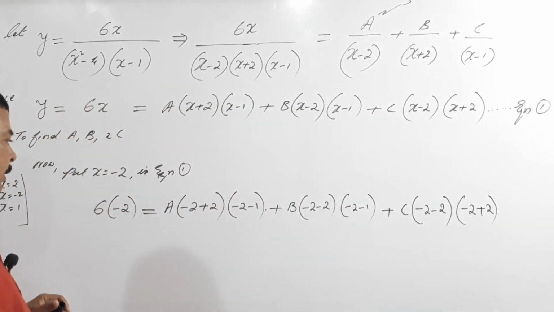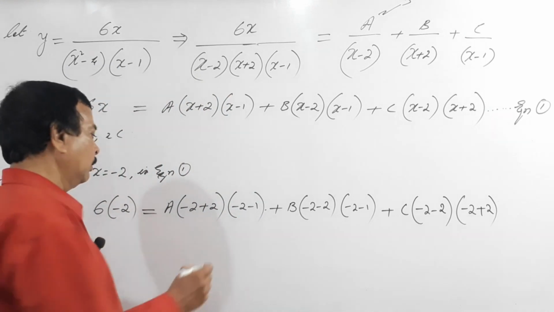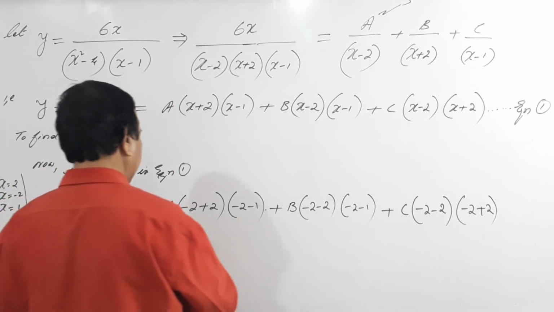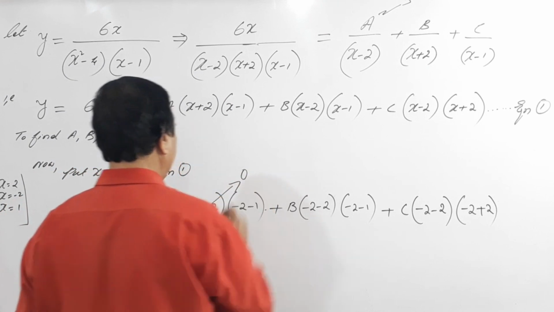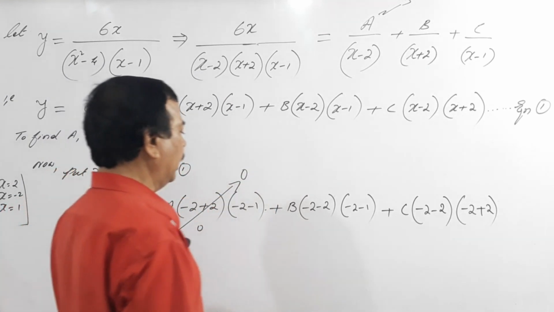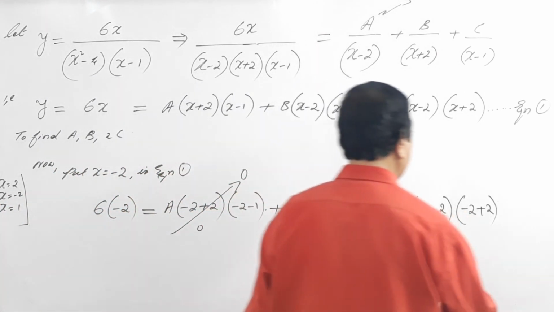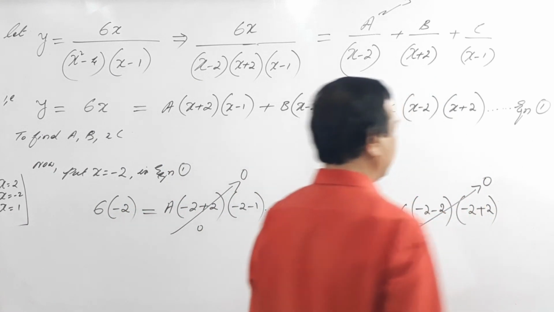So what happens is, students, we have minus 2 plus 2 is 0. So the entire a term becomes 0, since minus 2 plus 2 is 0, and here minus 2 plus 2, again this also becomes 0.